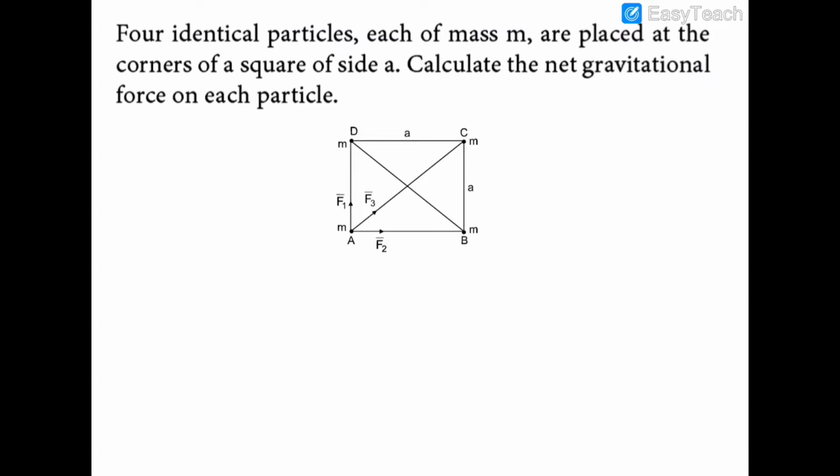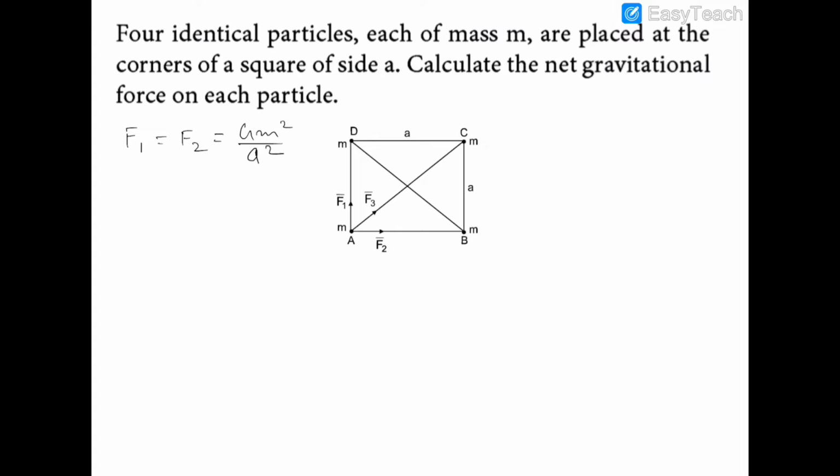So we all know that the magnitudes of forces F1 and F2 will be equal, and it would be equal to G m square, this is m into m, upon a square, which is the distance between these 2 masses.